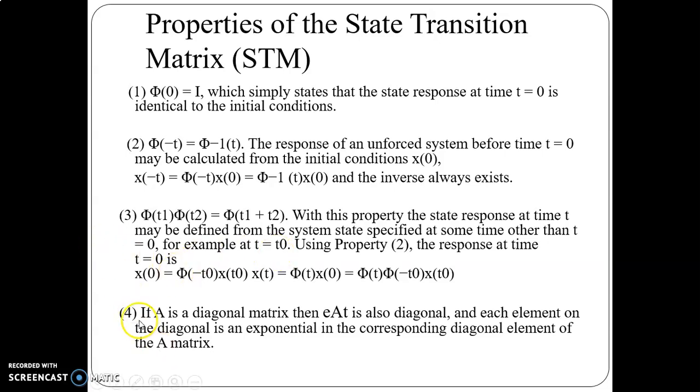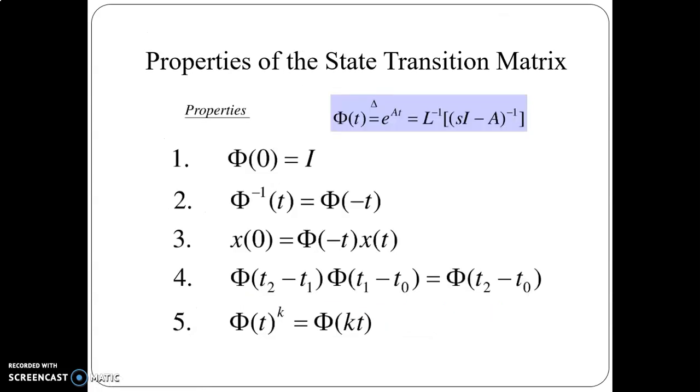And the last property: if A is a diagonal matrix, then e raised to A t is also diagonal, and each element of the diagonal is an exponential of the corresponding diagonal element of the A matrix. In short, phi of 0 equals the identity matrix, and phi inverse of t equals phi of minus t.